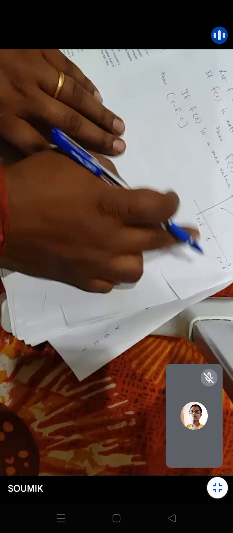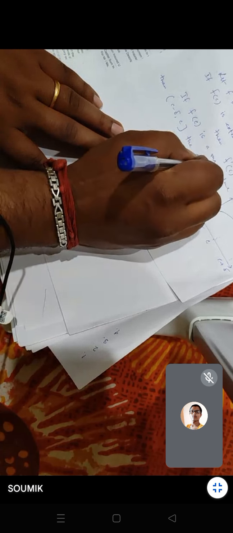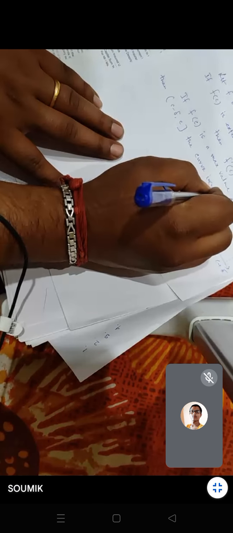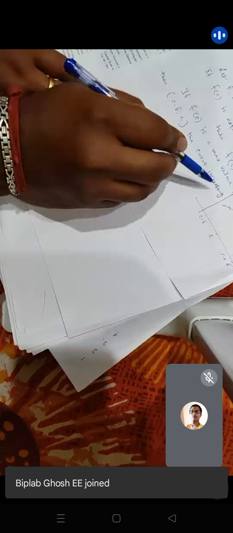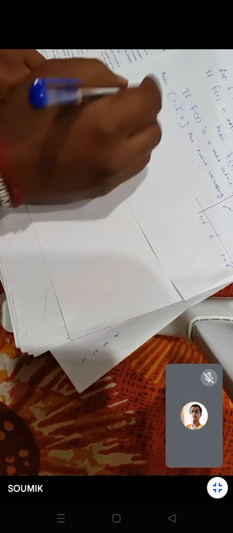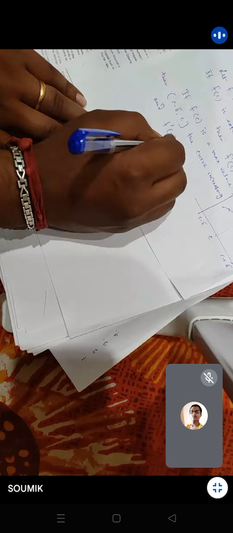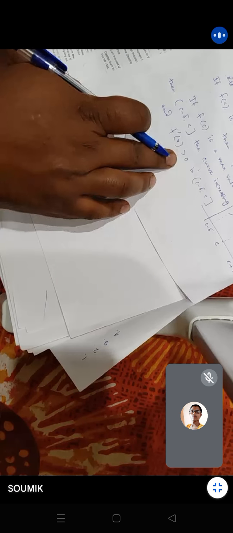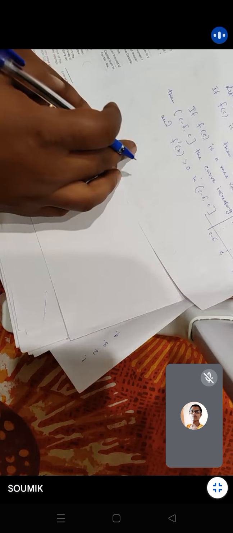From c minus delta to c, the curve is increasing, and f'(x) is greater than 0 in c minus delta to c. This is an increasing curve. That means f'(x) is positive.